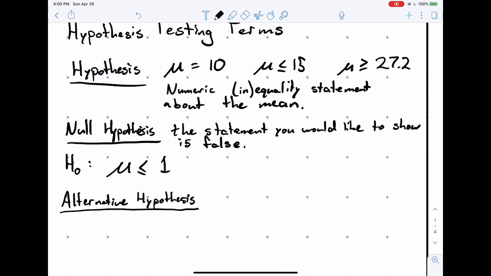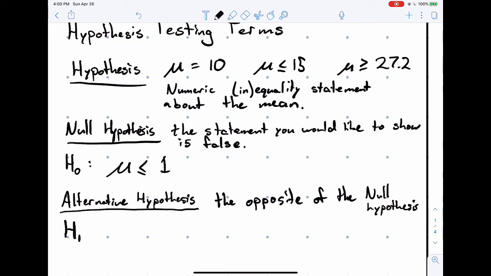The alternative hypothesis is just the opposite of the null hypothesis. And by opposite, I mean the logical negation of the null hypothesis. The notation is H subscript 1.